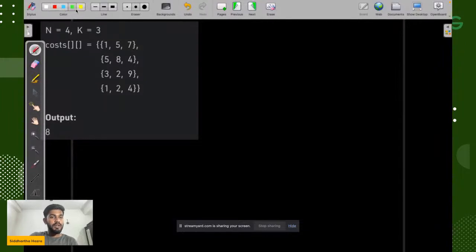Okay, so now 4 multiplied by 3. So let's draw a DP array.